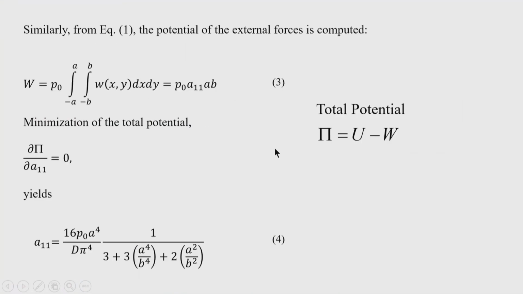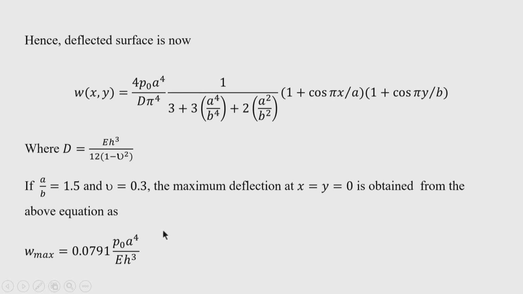But here, using the approximate method, you can calculate a deflection of this order, and the deflection will actually be within a reasonable limit if you compare with the exact results. Now, the deflection is actually small in case of the plate, because we are using the small deflection theory.